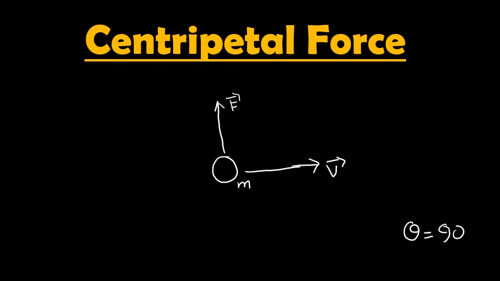Now student, consider that the body of mass m has a velocity vector v. If the force applied is perpendicular to the direction of the velocity, or the angle between the force and velocity vector is 90 degrees, then this force will compel the body to move in a circular path, and it will cause a centripetal force, F centripetal.